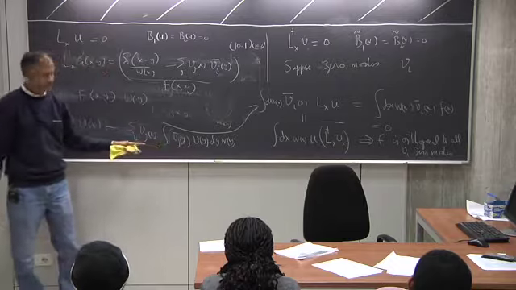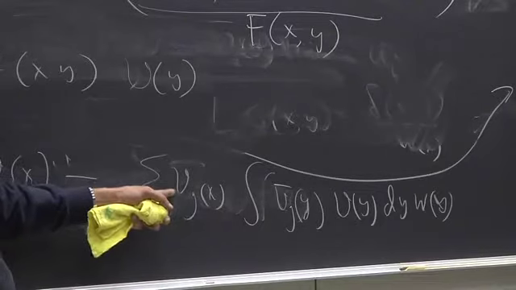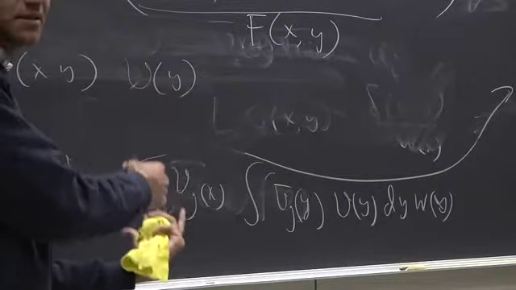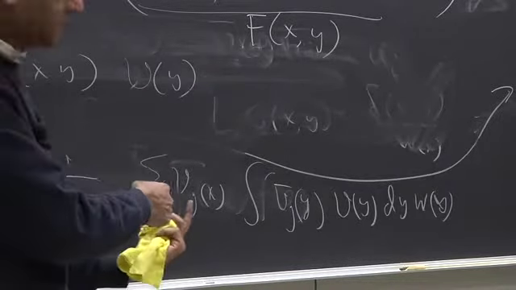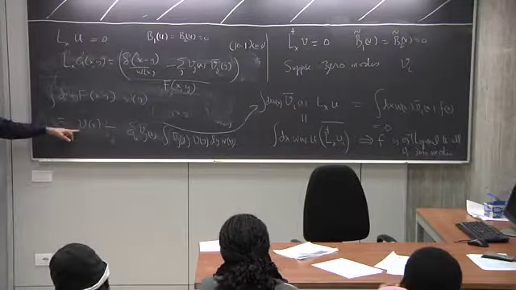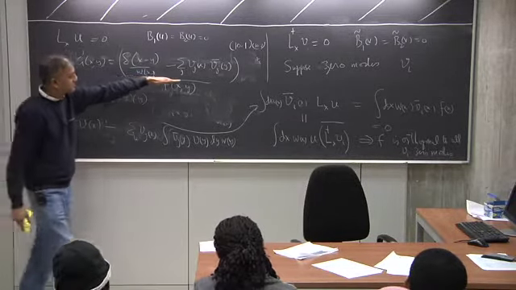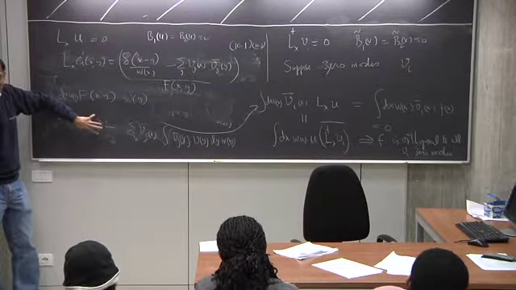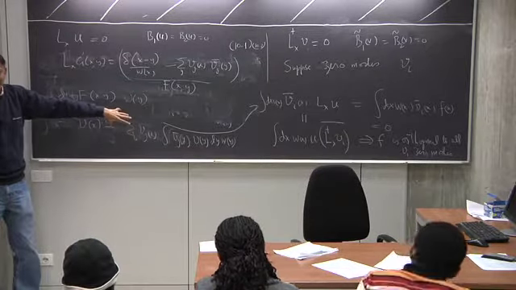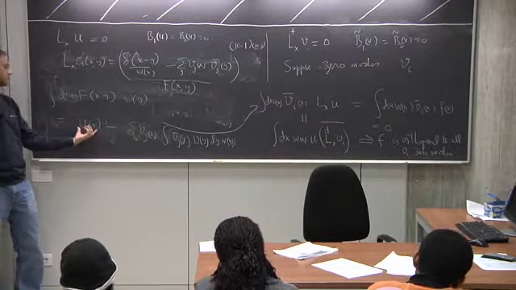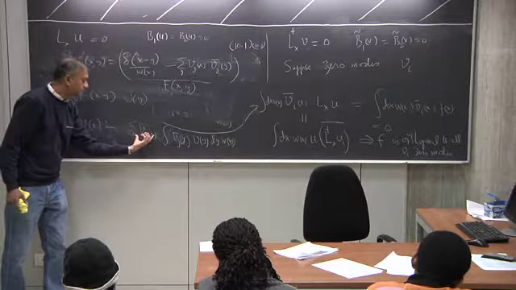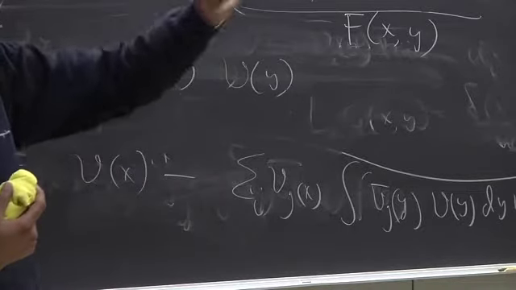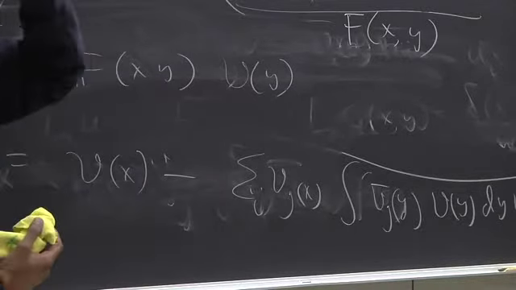Once you integrate, that is some number, so what you get is some linear combination of 0 modes. This operator is basically a projection operator which removes from this v the 0 mode part. This is the full v, but from that I am subtracting the 0 mode part which is contained inside. So it takes you out of the 0 mode space.